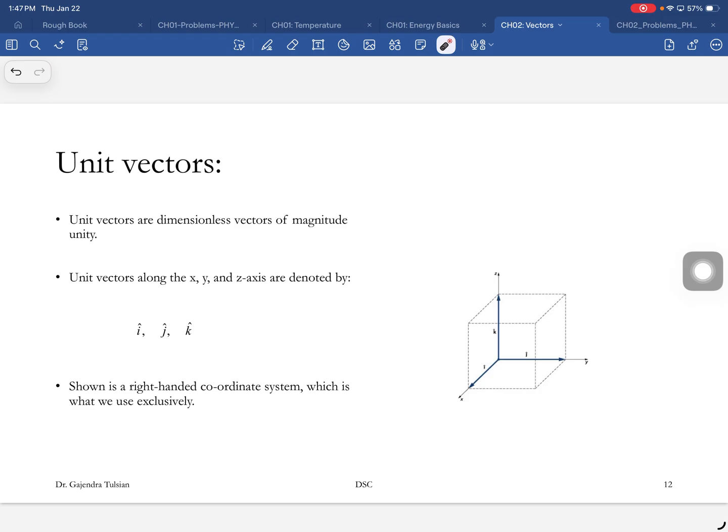That is 10i plus 12j plus 9i plus 12j. So you guys understand now, suddenly algebra became so easy. Once you write vectors in component form, you can do addition and subtraction very easily.